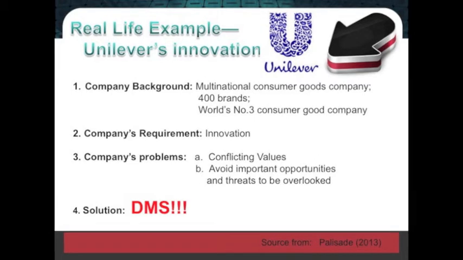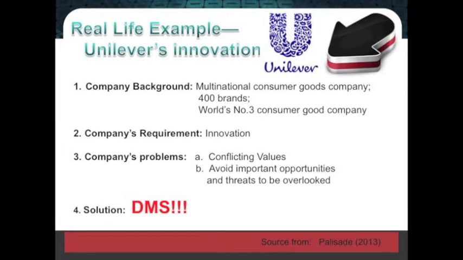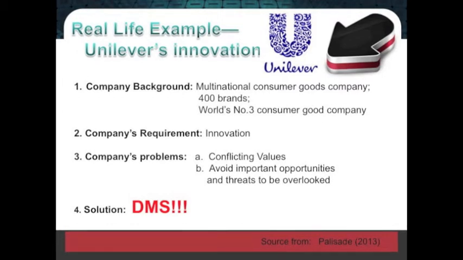Nevertheless, Unilever found that it is not easy to make suitable decisions because it is a large organization and different groups are involved in the decision-making process, which leads to conflicting values. Also, the company does not want important opportunities and threats to be overlooked.